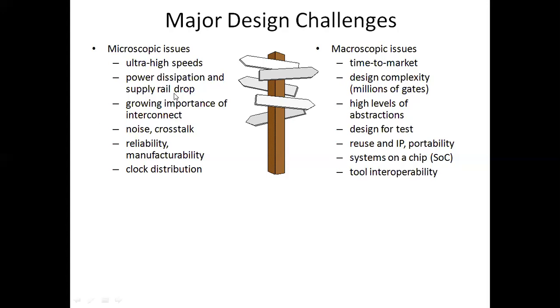So at the microscopic level, we are worried about how speed can be improved. And you should know that when the size of a component decreases, the speed of operation of the component increases. That's a plus point.